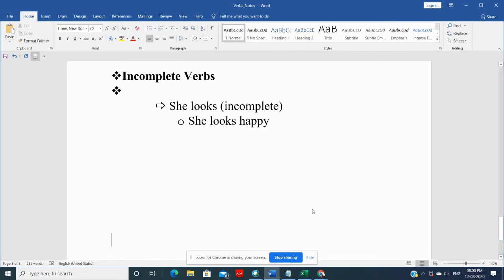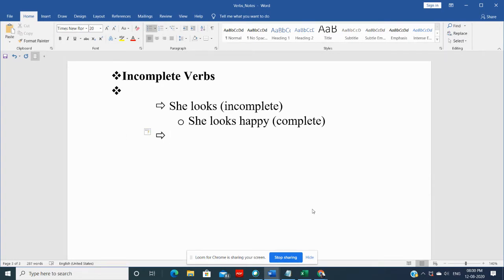Now it's making sense. She looks happy, right? So, looks is an incomplete verb and happy is a word which is completing the meaning for this incomplete verb. Now, this is a complete sentence, and it is making sense.